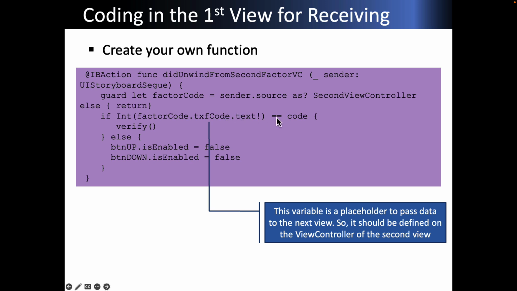If that text is the same as the code, this code is the code entered by the user. No, that code is randomly generated in the first view. If they are the same, then the second factor is verified, and it goes to the verify function, call verify function.